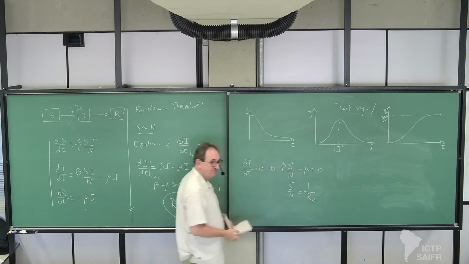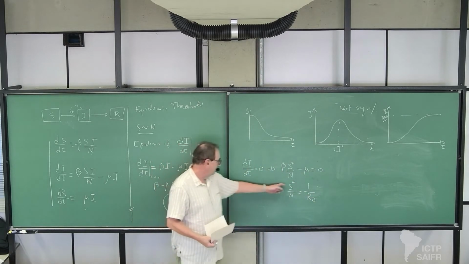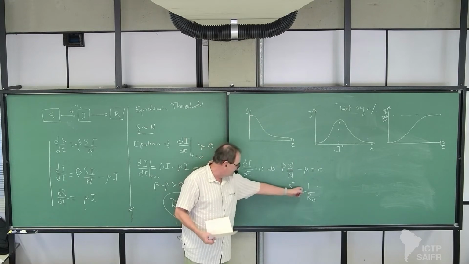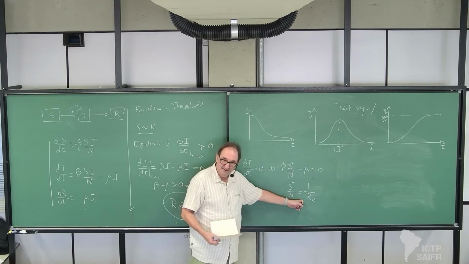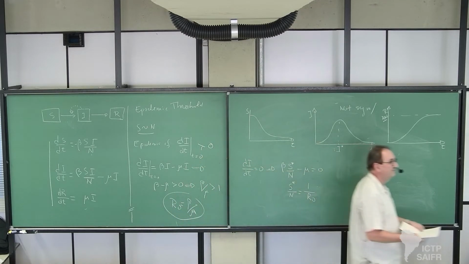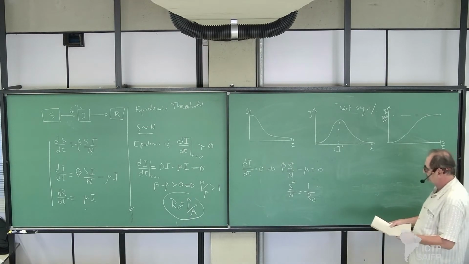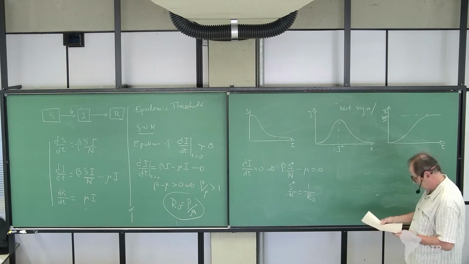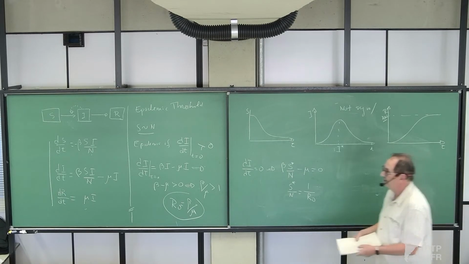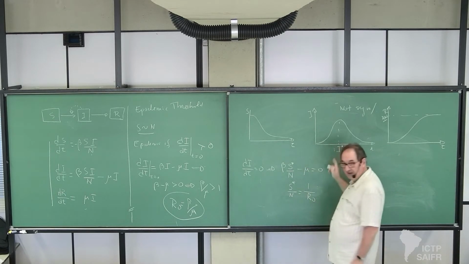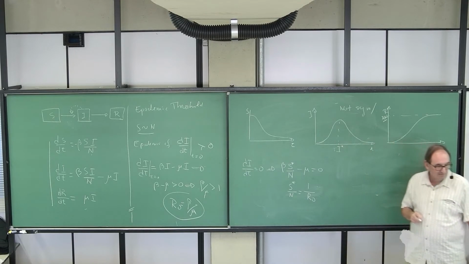That's the moment the susceptible population gets to this, then you have the peak. Now, it's not so easy to calculate the value of I, but I can calculate something else.